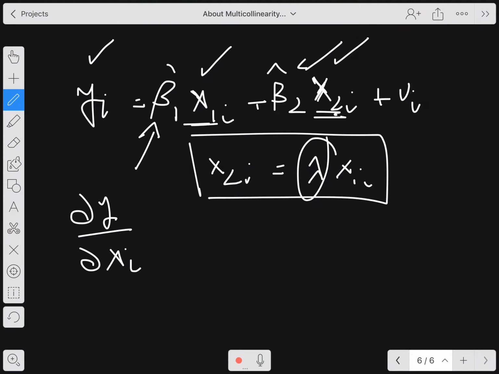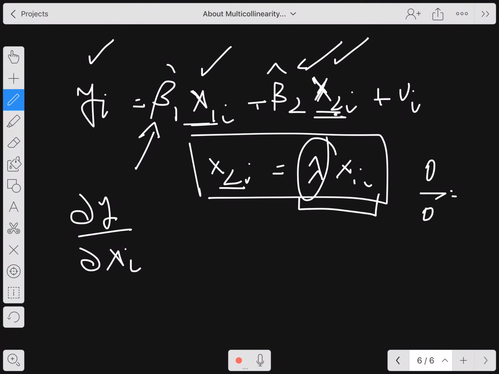Each of these parameters implicitly has the impact of the other factor. And we have seen that anytime we see x2i, we can just replace it with lambda x1i, and then by the end this would make the numerator and the denominator equal to 0, so I won't be able to estimate beta.